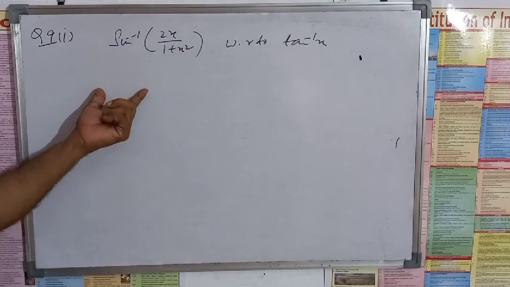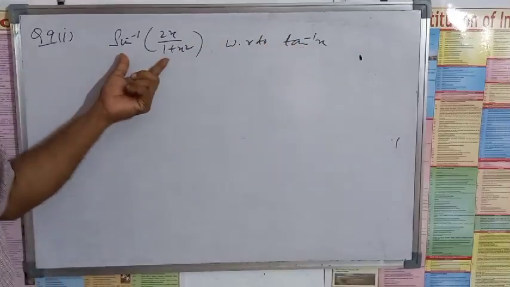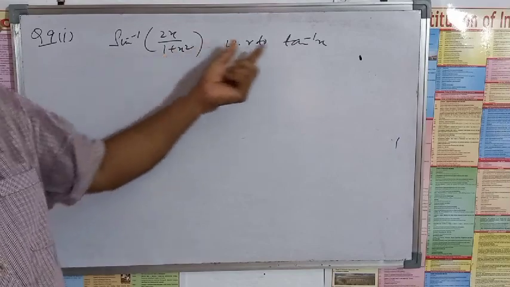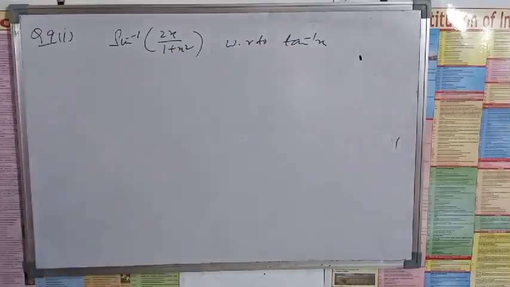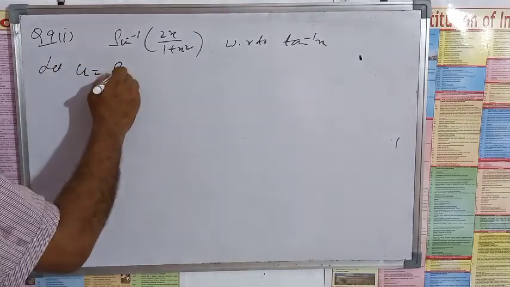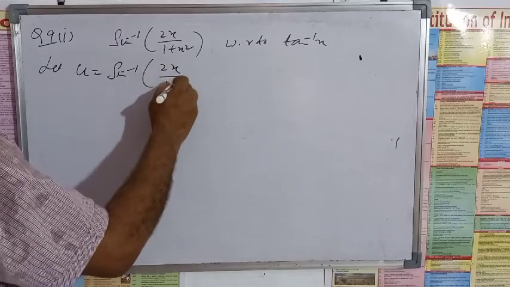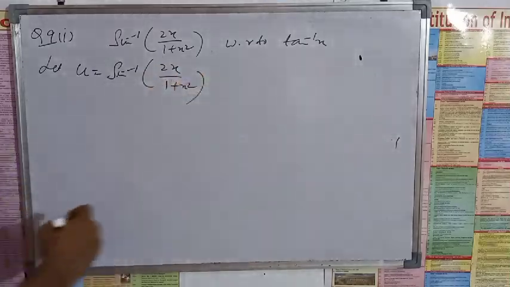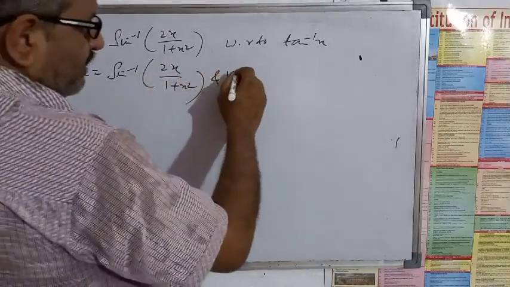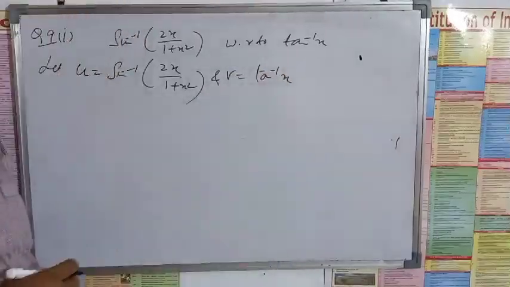We have to do the same thing. We have to differentiate the first function with respect to the second. Let the first function be u and the second function v. So let u is equal to sine inverse 2x upon 1 plus x square, and v is equal to tan inverse x.